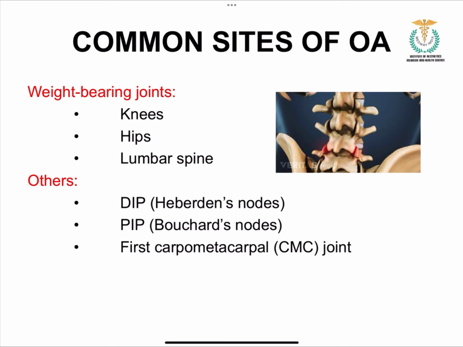These are the other small joints where osteoarthritis can occur, but the majority of the time the weight-bearing joints like the knees, hip, and lumbar spine are usually affected. So these are the common sites of osteoarthritis.